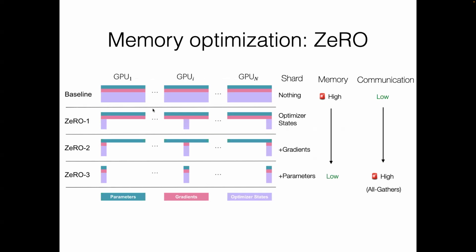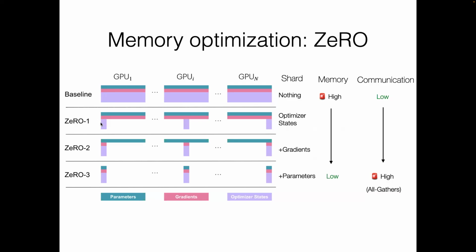So here's a visualization, and let me just walk you through it. Again, if we're doing data parallel, then we copy everything on each GPU. And then this technique called ZeRO, or zero redundancy optimizer, has three different settings. One setting is that you can shard the optimizer states.